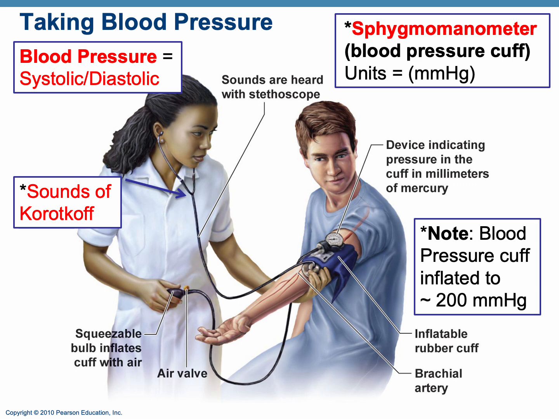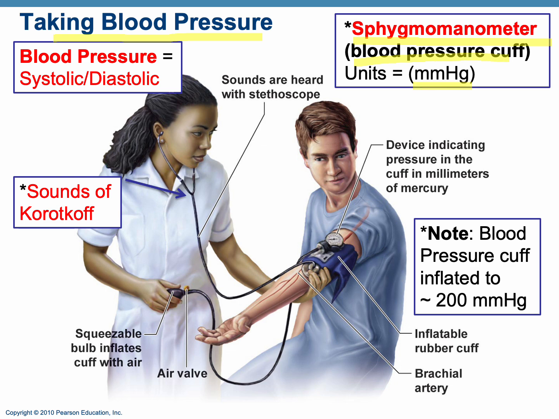We now look at, well, how do you take blood pressure? And again, you'll be doing this in lab eventually. There's two things you're going to be using. One is the blood pressure cuff, known as the sphygmomanometer. So the sphygmomanometer here, the blood pressure cuff. That's always a fun one to say.